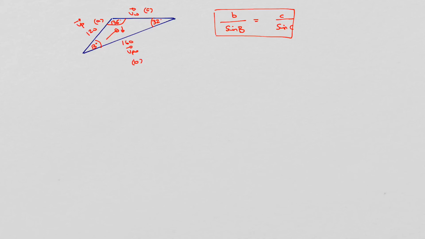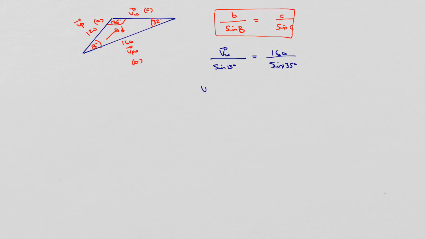And again, if I put in my sides, I have the velocity of the wind over sine 13 is equal to 160 over sine 135 degrees. So I've done C over sine C equals B over sine B there.